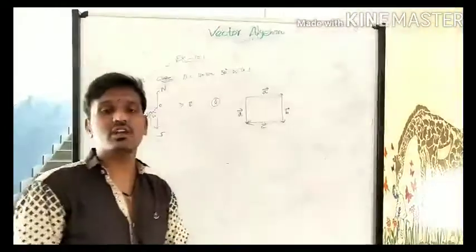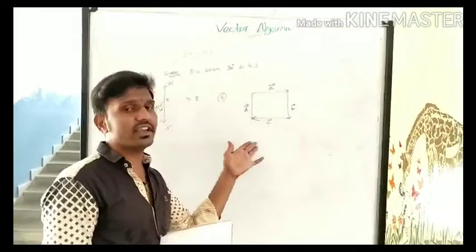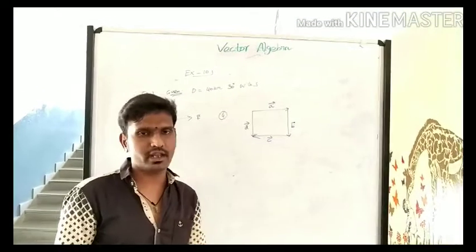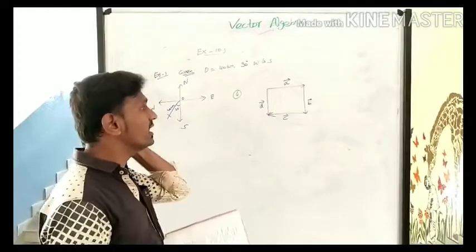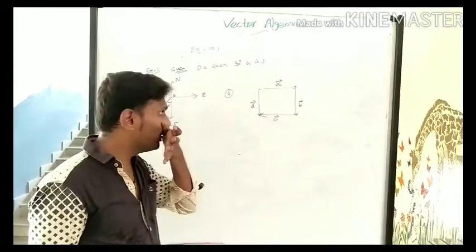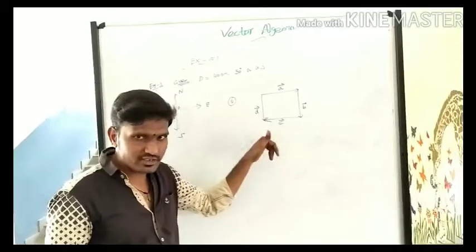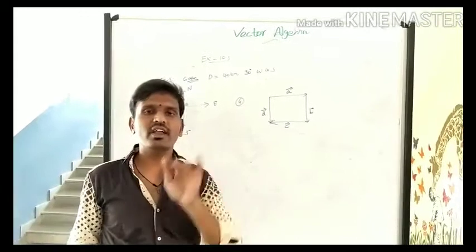Okay, listen all of you. The given diagram is a rectangle. Now see how many vectors are given. 4 vectors: vector A, vector B, vector C, and vector D.